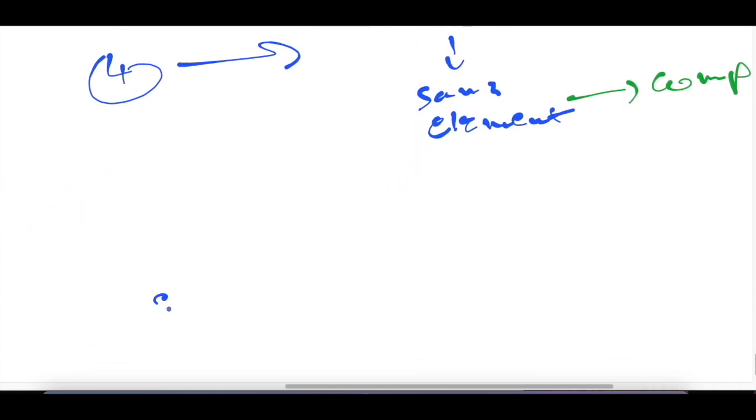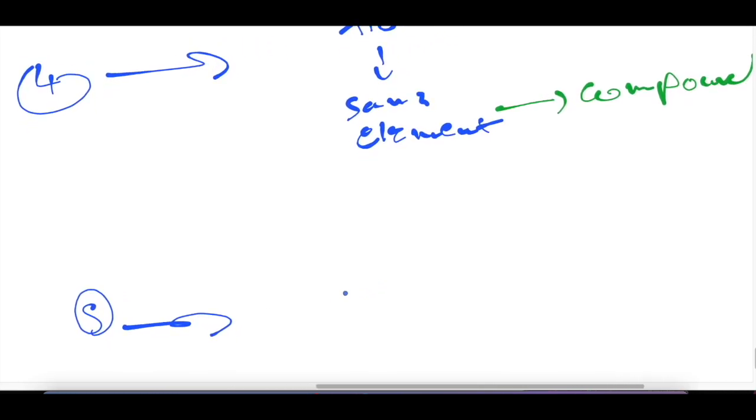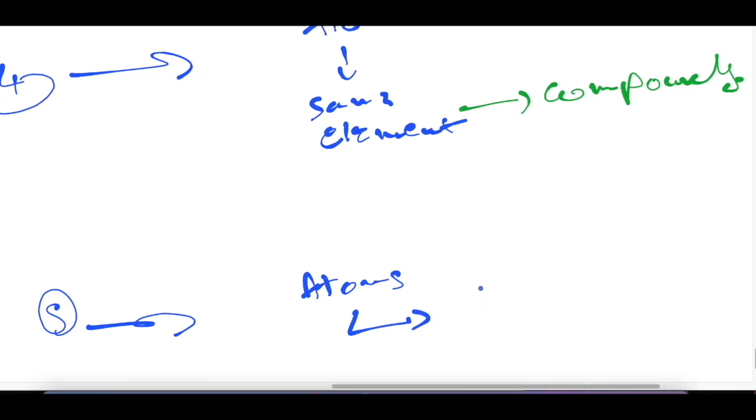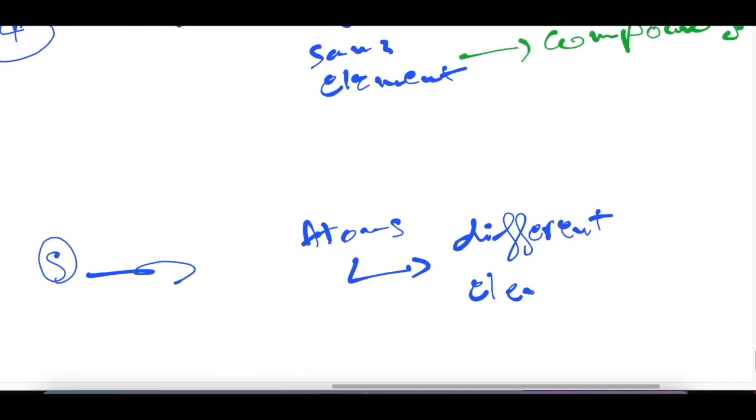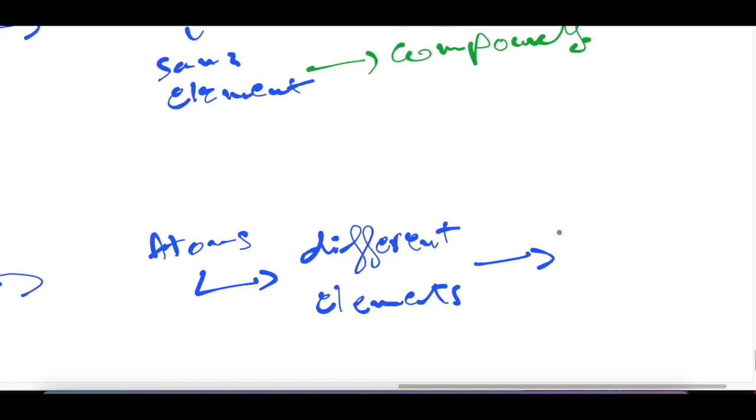The fifth postulate tells us that atoms that come from different elements also can combine to form new compounds.